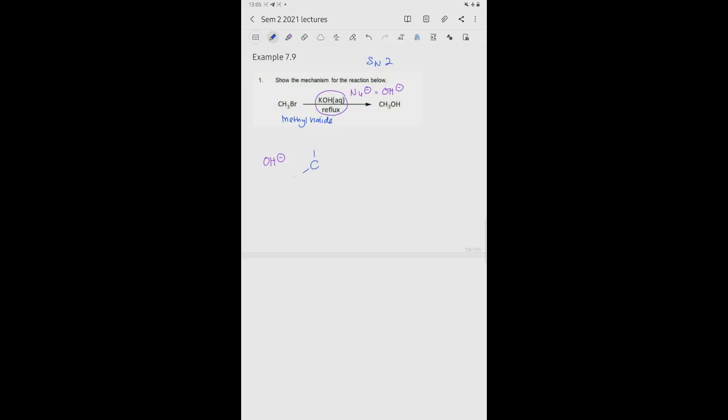It is compulsory to show the shape with a 3D structure. So this is the structure of the alkyl halide, 3D structure. So we have CH3Br.